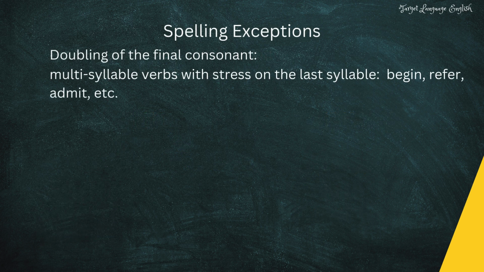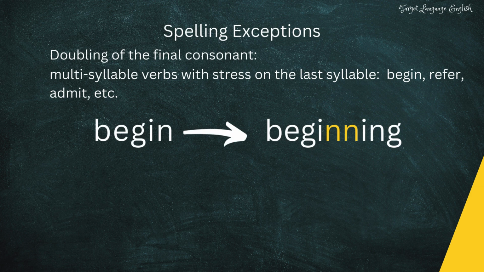We also double the final consonant in multisyllable verbs if the stress falls on the last syllable. For example, begin, beginning. The last syllable is stressed, so we had to double the final consonant N before adding ing.